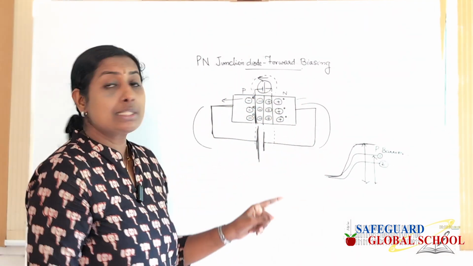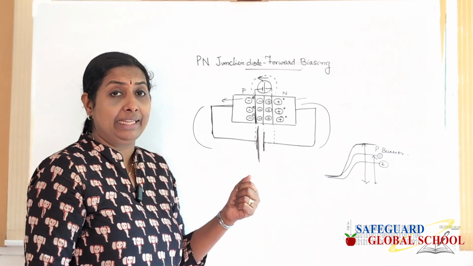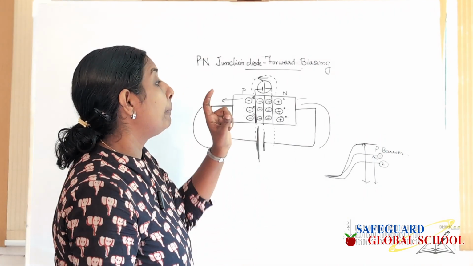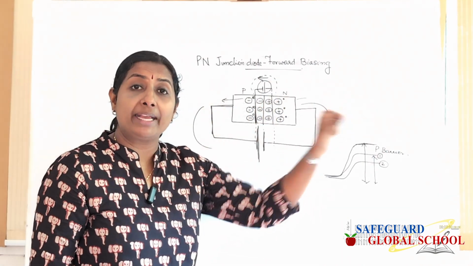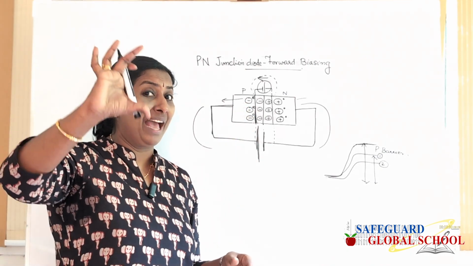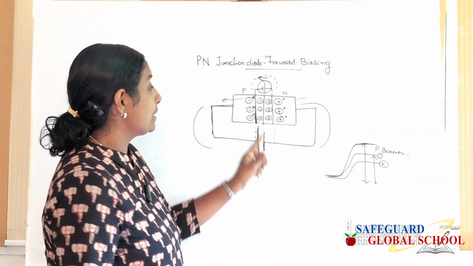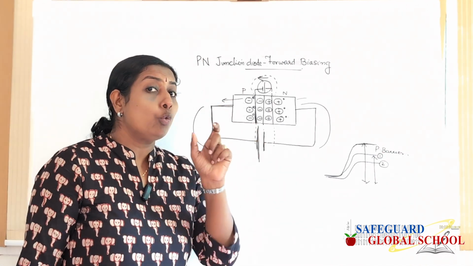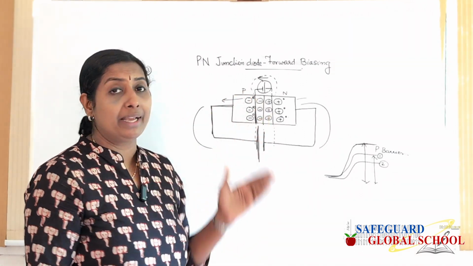These are the two questions that can be asked as a 1 mark or multiple choice question. What happens to the potential barrier when a diode is forward biased? When a diode is forward biased, the height of the potential barrier reduces. Then another question: what happens to the width of the depletion layer when a diode is forward biased?